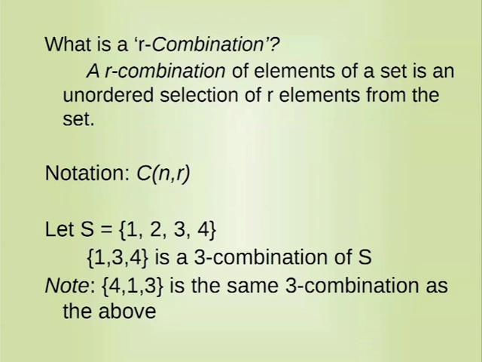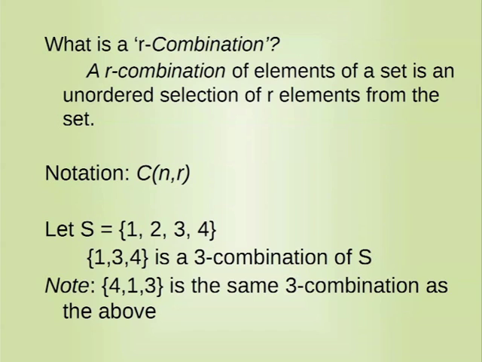Like I stated earlier, an r-combination of elements of a set is an unordered selection of r elements from the set. The notation for this is similar to permutations. It's C(n, r). To use this example, if we have a set of 1, 3, and 4, that's a 3-combination of S, where S is the set 1, 2, 3, and 4.